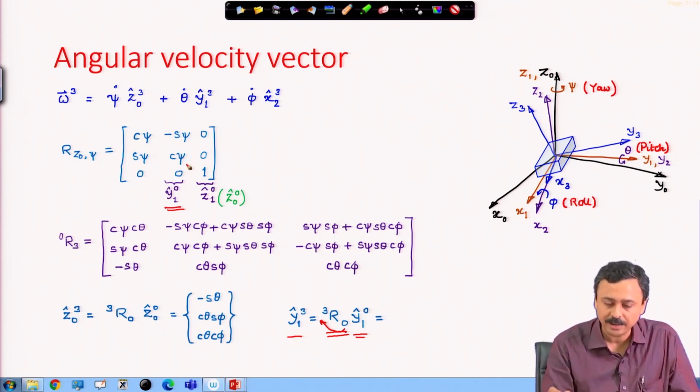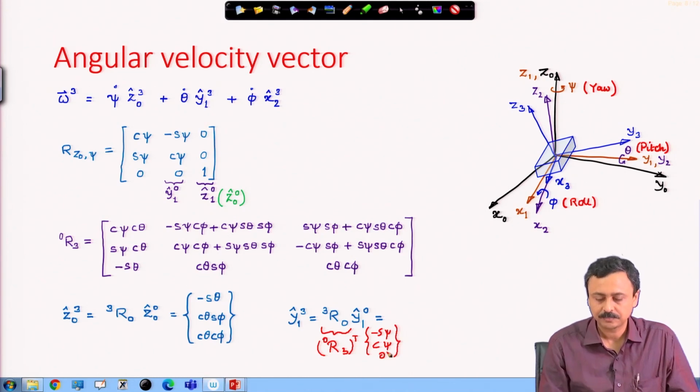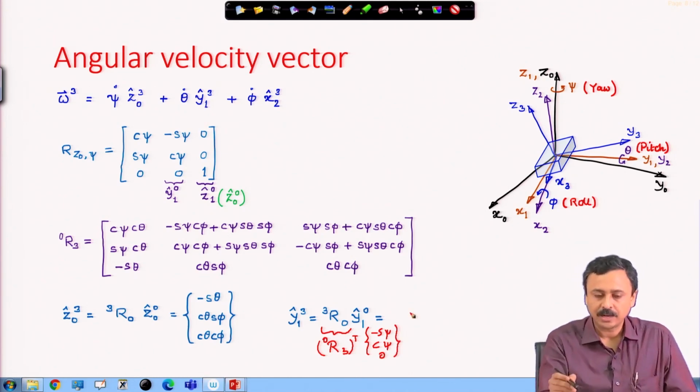In other words, I have taken the transpose of this, and I have multiplied by minus sin psi, cosine psi, 0. And what do I get?